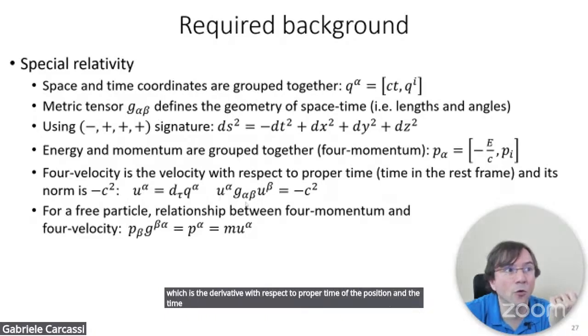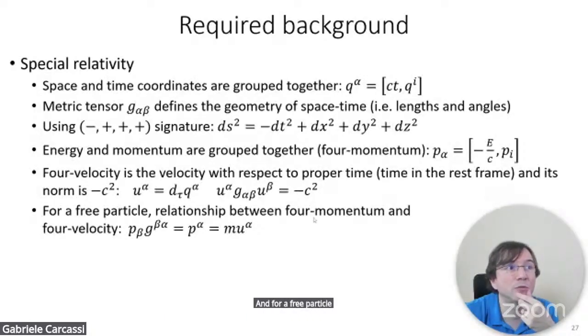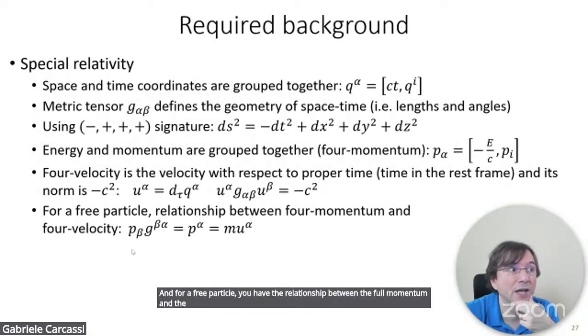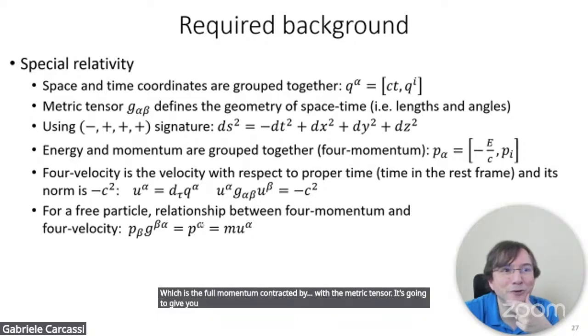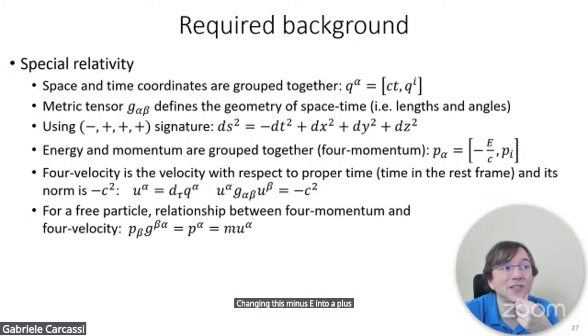And the norm of the four-velocity is going to be minus c squared. And for a free particle, you have the relationship between the four-momentum and the four-velocity: the four-momentum contracted with the metric tensor is going to give you the upper version of the four-velocity, which is basically in our case just changing this minus E into a plus E, and this is going to be the mass times the four-velocity.